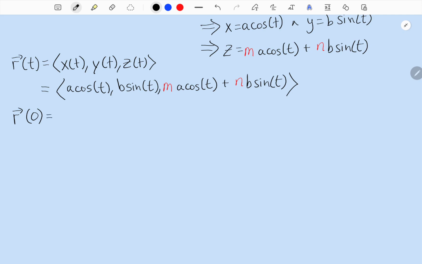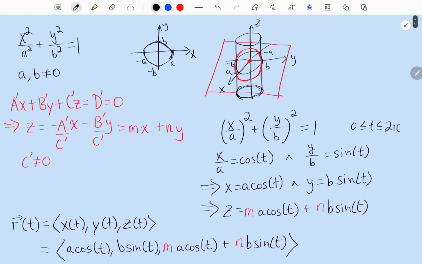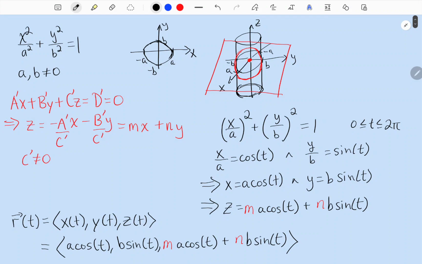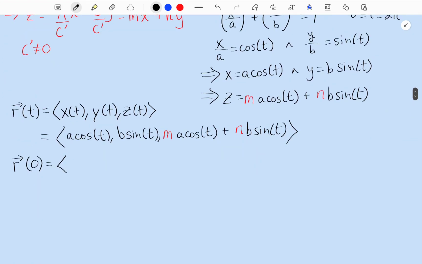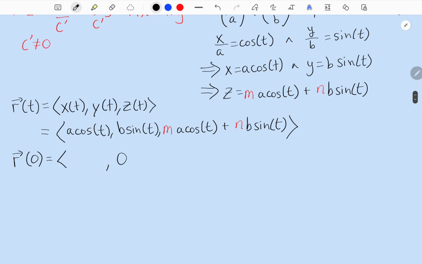When the angle is 0, the radius is going to be pointing towards the positive x-axis. So your y coordinate should be 0, which is what we have over here, a for the x value, and then the z value is going to be ma.